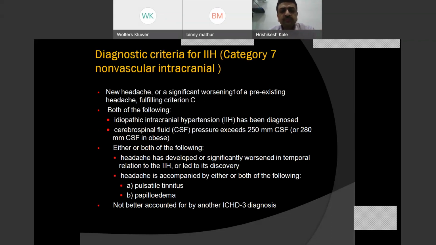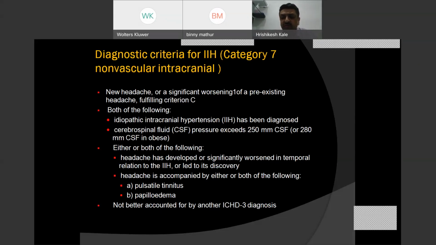Again, there are no imaging criteria which have been described for IIH. However, as you can see in the fourth point here, pulsatile tinnitus and papilledema, headache accompanied by these does fit this criteria. So if you see any of the eye signs which you can see on MRI for papilledema, those can be extremely helpful in making this diagnosis.